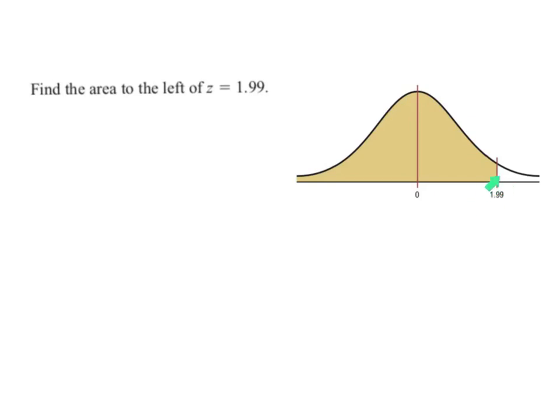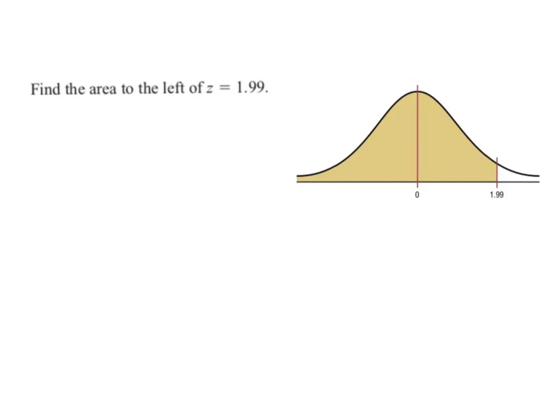And so what we're looking for is the area to the left of 1.99. And Table E gives us the area to the left of the value always. So in this case, all we have to do is look up 1.99 in Table E and take that value, and that will tell us the area under the curve that's shaded in.